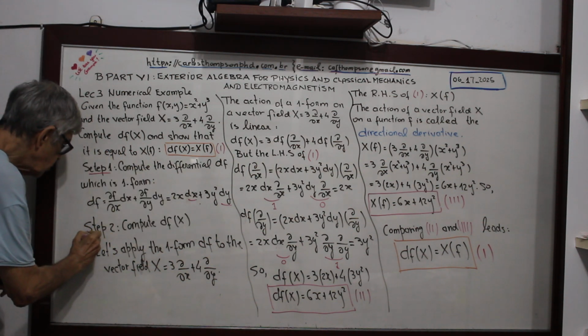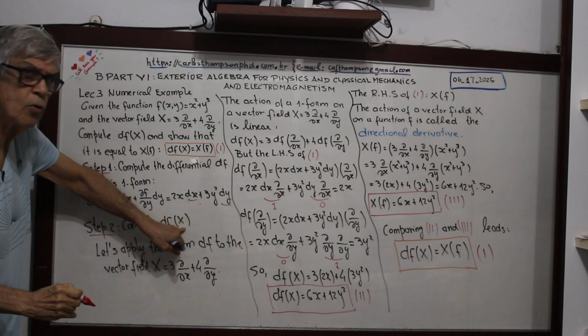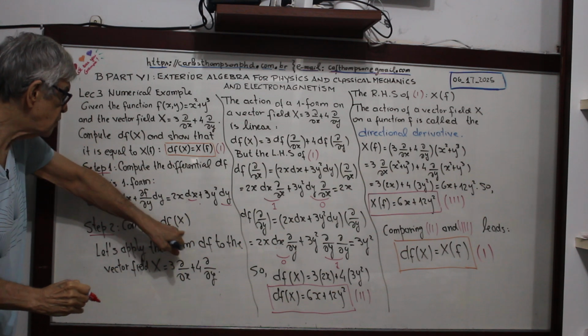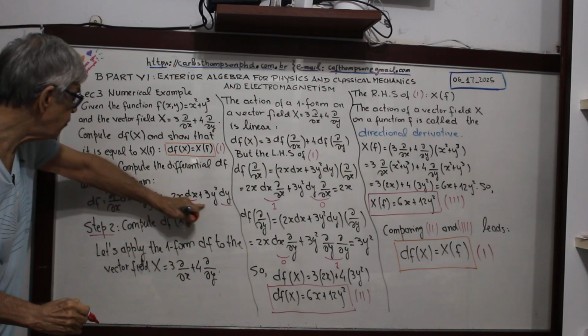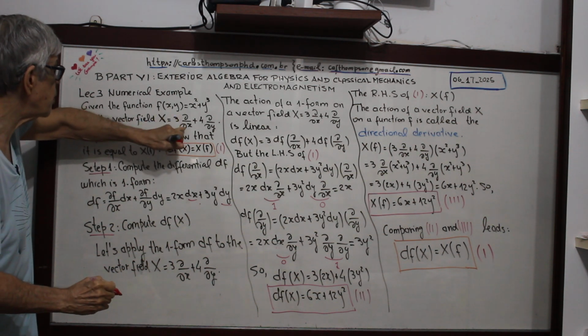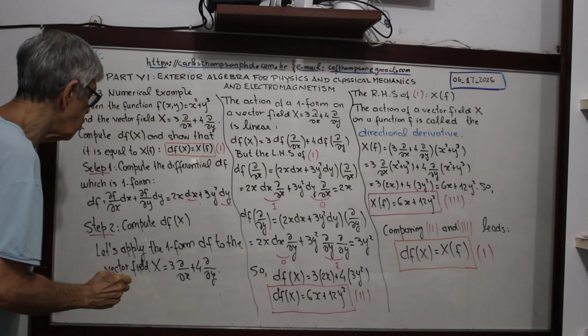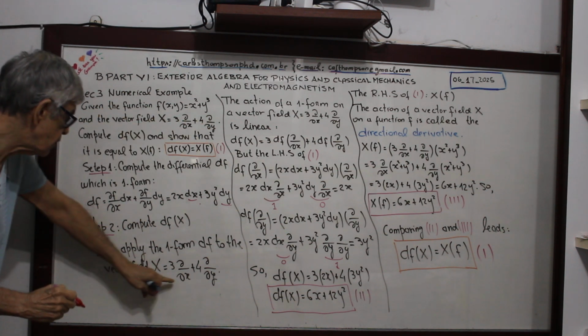So step 2, compute df acting on X. I already have df and I have X, which is given as 3 partial with respect to x plus 4 partial with respect to y. That's a vector field.